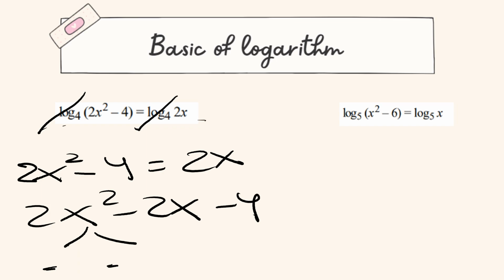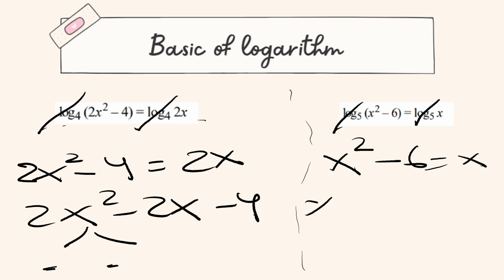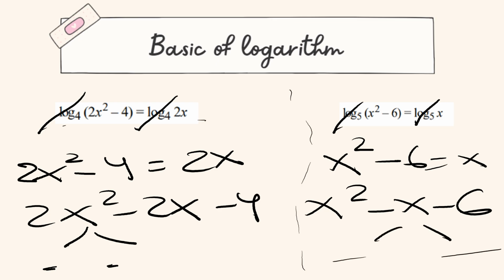In this case, we would cancel log 5 and log 5 on both sides, which would leave x squared minus 6 equal x. We would minus x, which would give us 2 answers for x, which you can find using the quadratic formula.